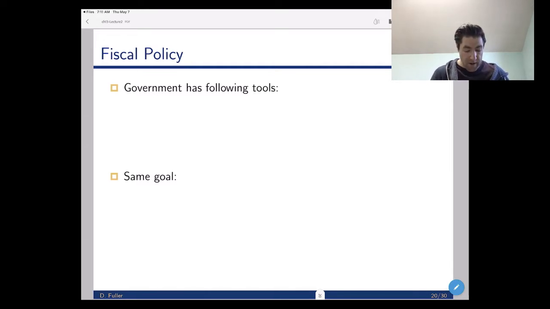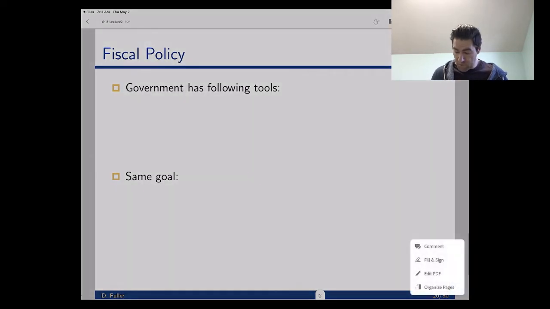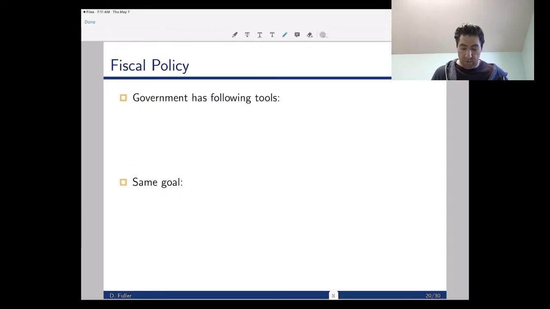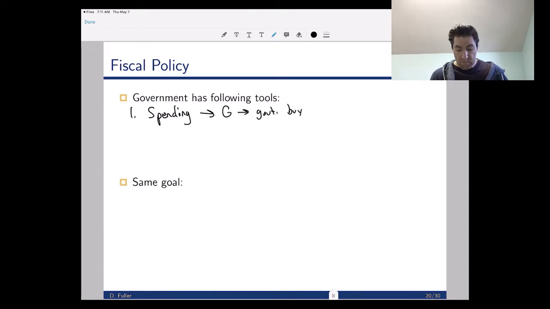It has really two main tools, and those tools have different components. First, it has its spending. So that is what we call G. And remember, that is government expenditure on goods and services, right? So the government buys goods and services. They can decide, we're going to buy a bunch more goods and services.